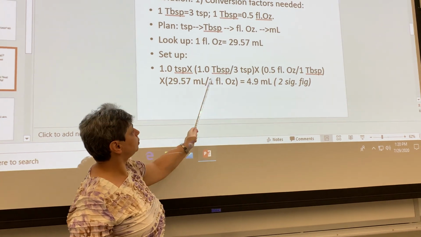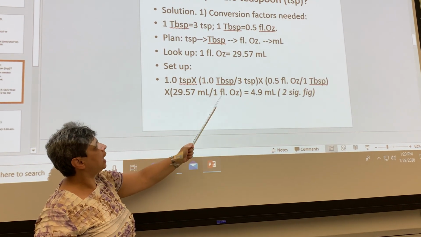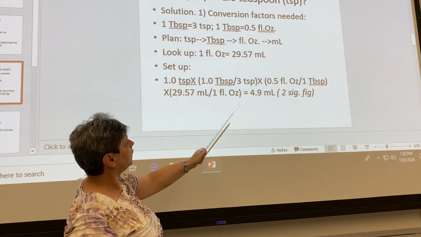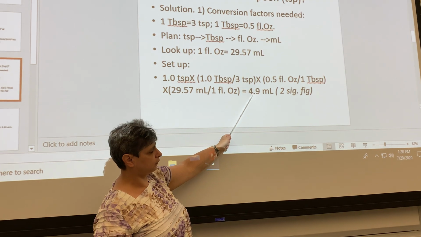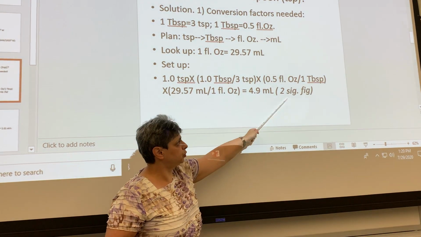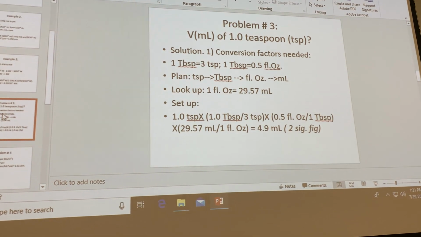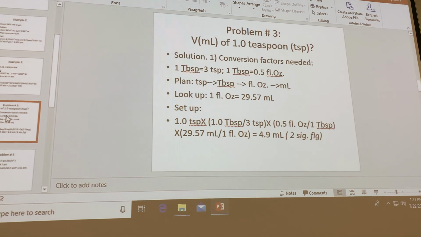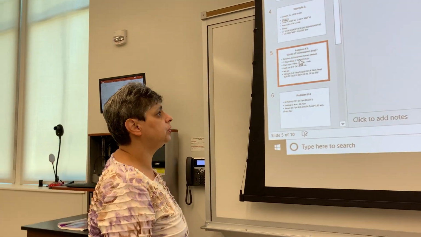Milliliters must be on top, so fluid ounces would be on the bottom and would cancel as a result. And once I do my math, I need to remember to round my answer to 2 significant figures. So my final answer will be 4.9 milliliters with 2 significant figures in the end. So this is the first example of how you would do multi-step conversion between English and metric units.